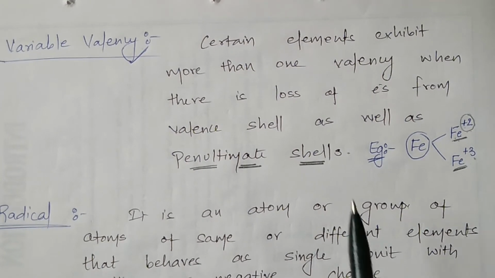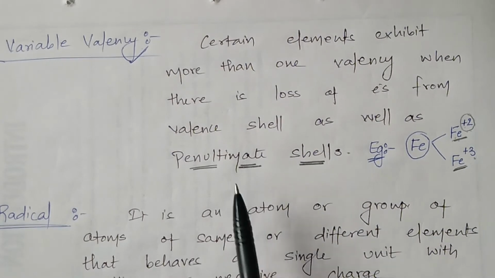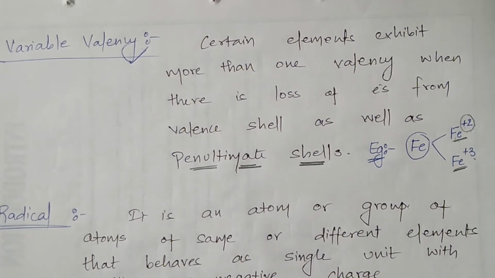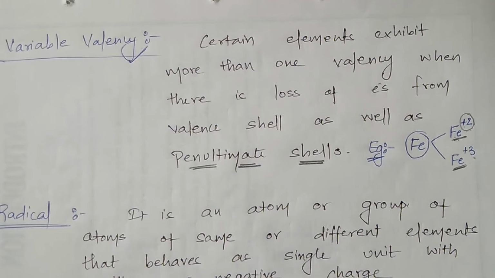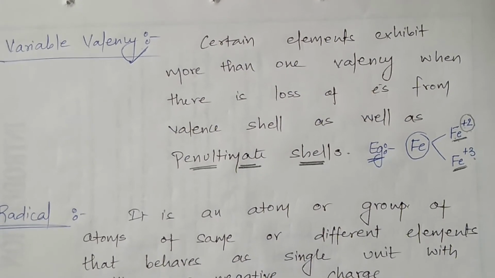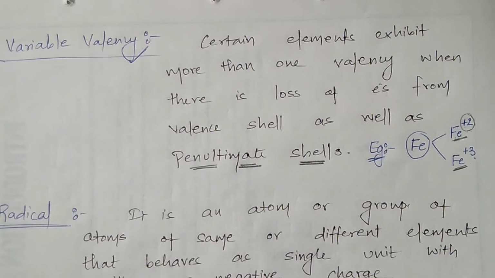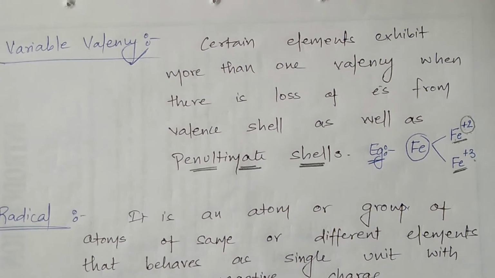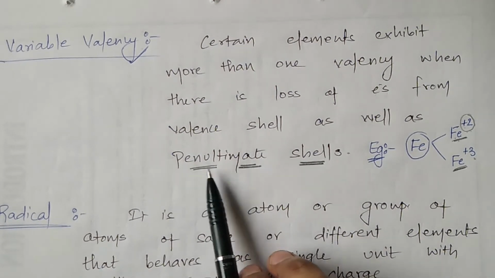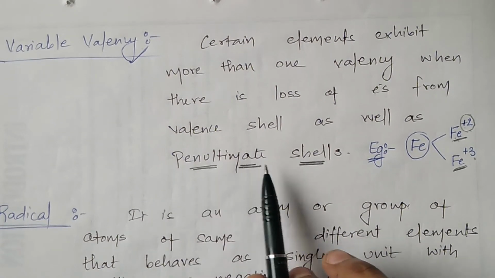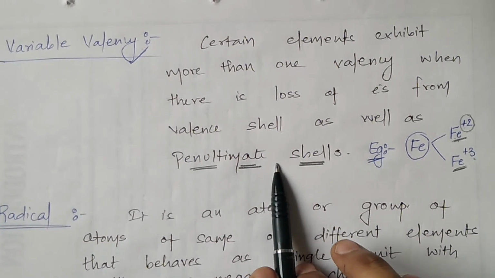Because I have already taught you the concept of the penultimate shell, meaning the shell which is before the valence shell. If the electrons are donated from the penultimate shell as well as from the valence shell, then it will exhibit two types of valency. The first valency will be due to the loss or gain of valence electrons, and the second valency will be due to the losing of electrons from the penultimate shell.